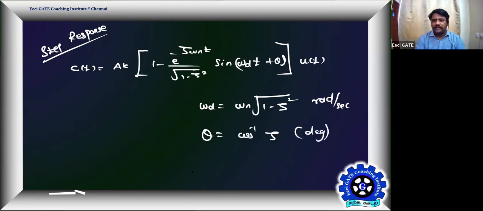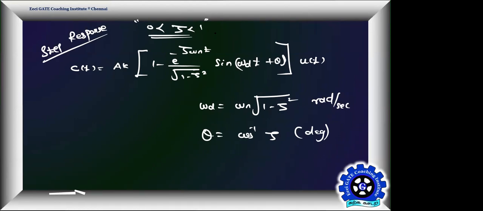That's all, provided zeta strictly takes values between 0 and 1. It's an underdamped system. Correct? Following everyone? Yes, sir.